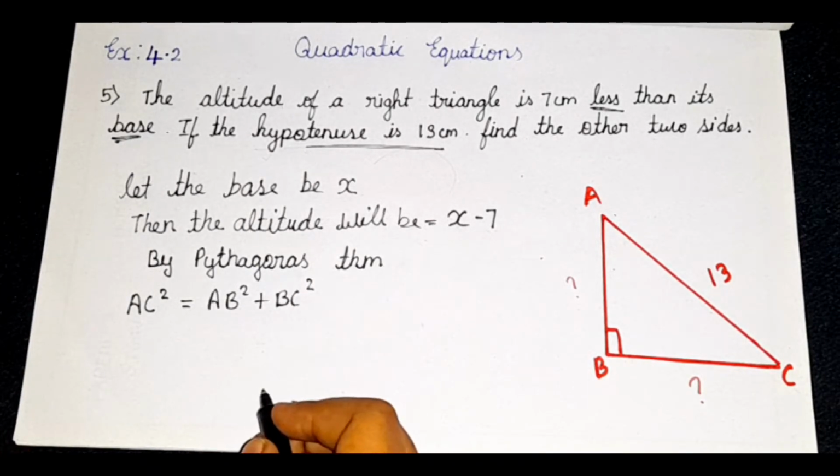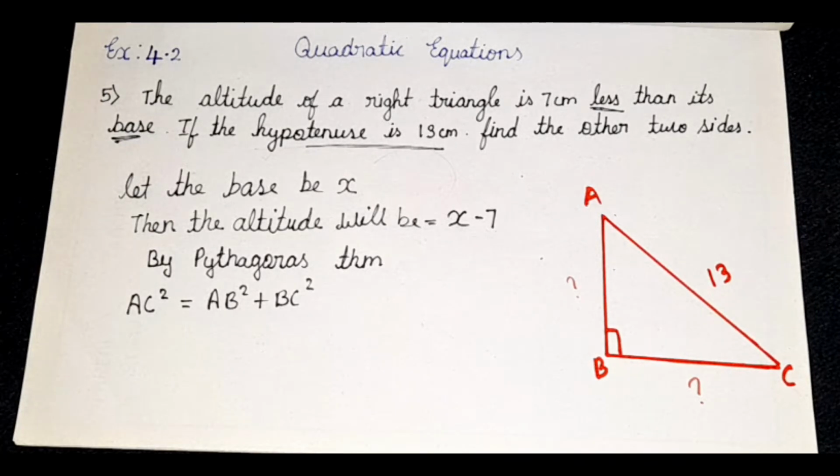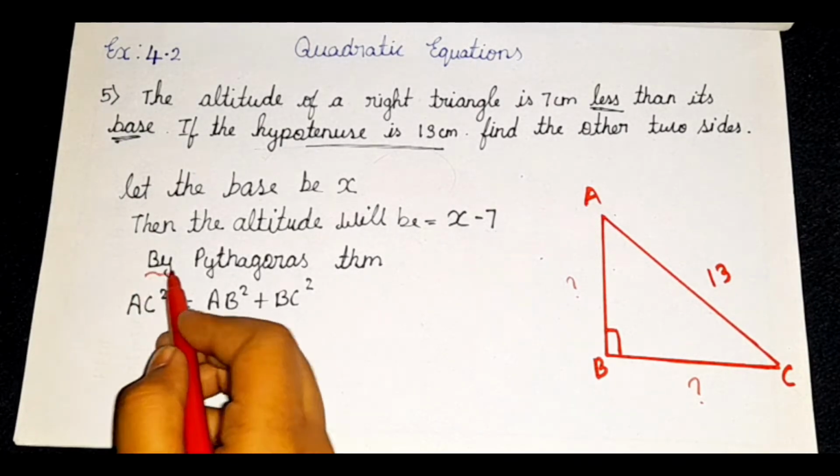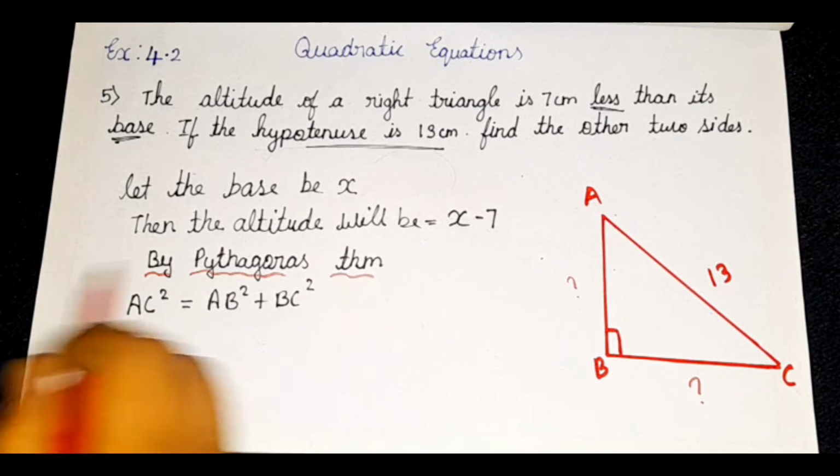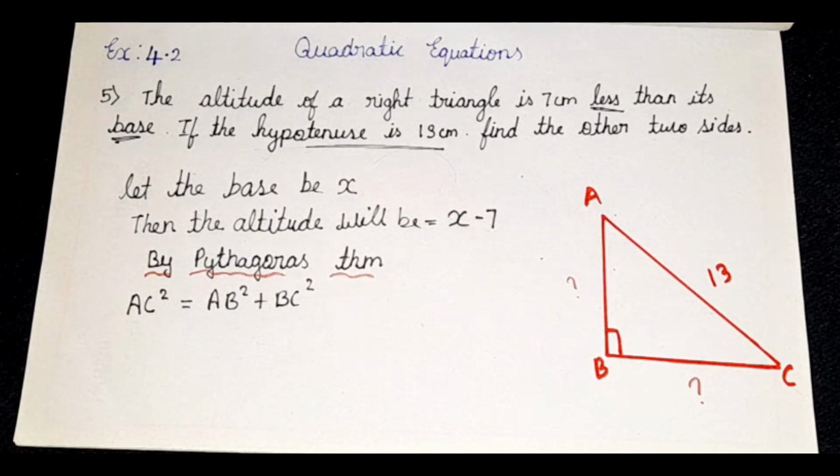Pythagoras theorem is really important. We learned it from the very starting, and till now we are using it in most of the problems in maths, so learn that. According to Pythagoras theorem, AC square is equal to AB square plus BC square. So what is the AC square?